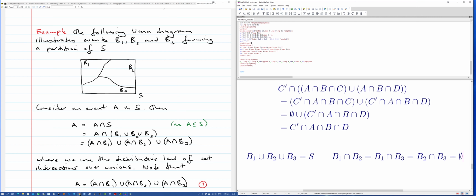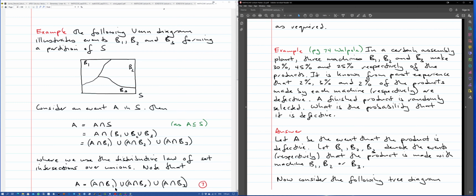The question is we're considering the event of defective products. It's possible that some of the products made by one of these machines over here are going to be defective.